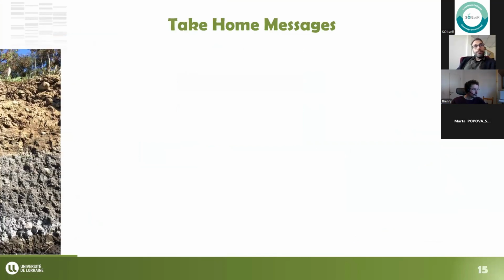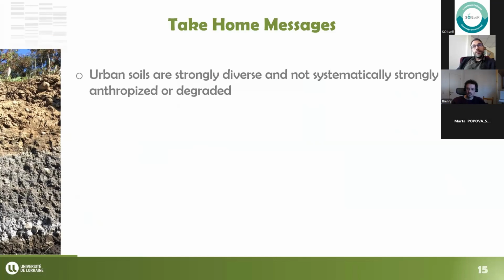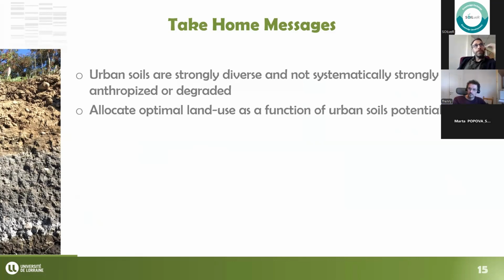So to sum up, first key message: urban soils are strongly diverse and not systematically strongly anthropized nor degraded. Some urban soils are really great, and we have to take them into account. Then, as has been shown, it is possible to optimize the allocation of the land uses as a function of these potentials.